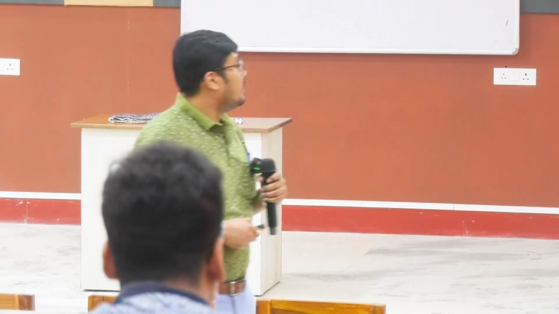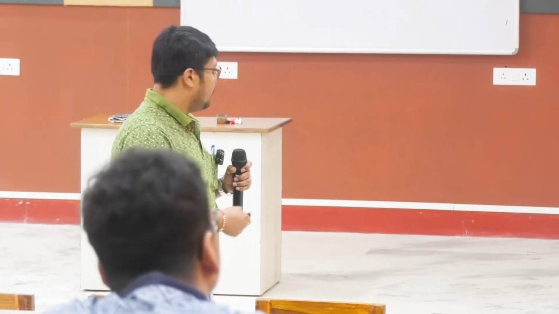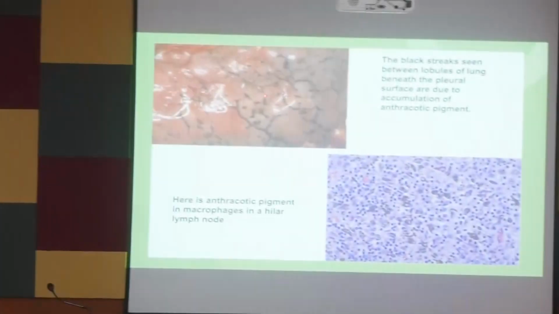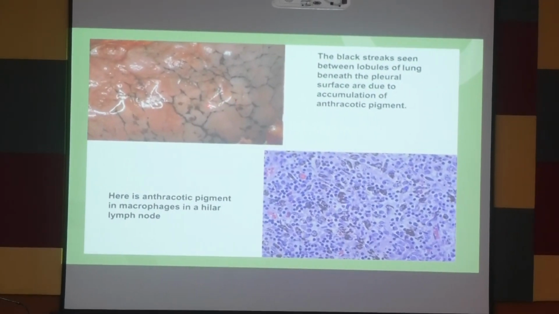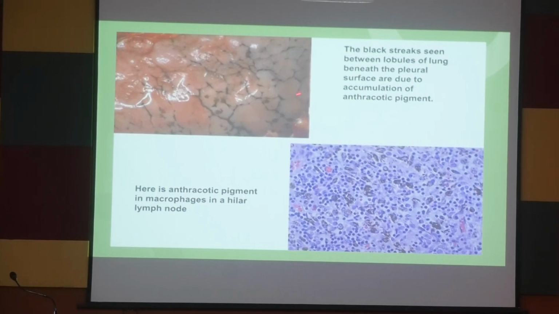So the lungs' alveolar macrophages take the pigment and the lungs take a color of black lung. So this is a picture of lung. Okay, you can see the black pigment over here inside the lobe, inside the alveolus.